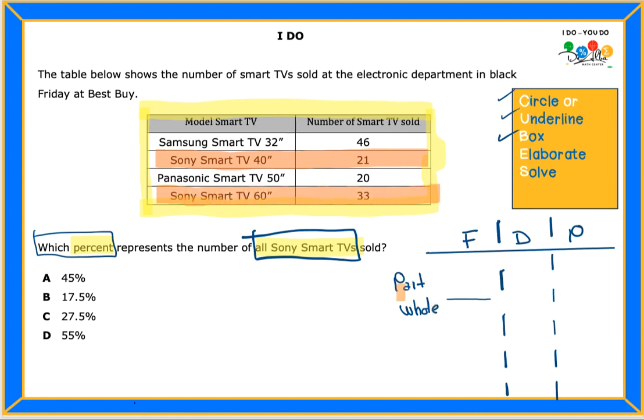To find this number here, we have to add 21 plus 33, and that's going to be our part. Then to find the whole, I have to add all these numbers. I'm going to highlight this in orange so we can see where we got these numbers.